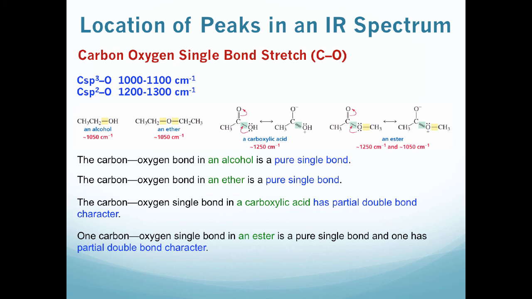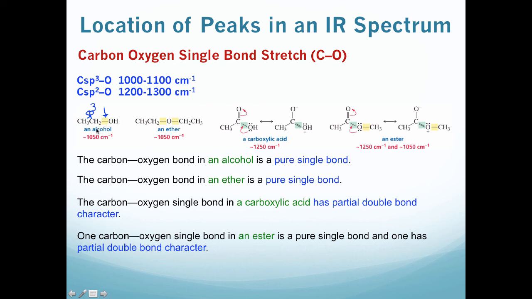Now we're going to look at a very common single bond stretch that's really easy to identify, and that's the carbon-oxygen single bond. It's also important to note whether it's an sp3 hybridized carbon-oxygen bond or an sp2 hybridized carbon-oxygen bond, because their stretches occur at different frequencies. So here's just a few examples. Here we have an alcohol. Of course we would be able to see the OH stretch, but there's also a stretch corresponding to this sp3 hybridized carbon-oxygen bond.